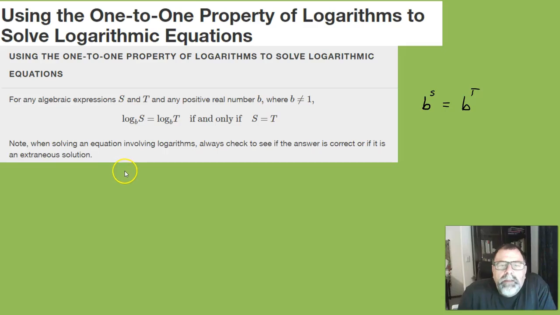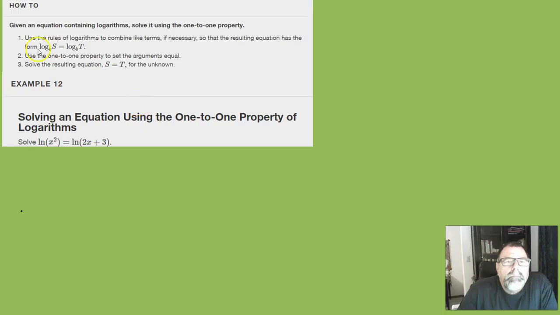So the idea is, if I can get one log on both sides of the equation and nothing else, just one logarithm, and they have the same base, you can drop the logarithm part and say the arguments s and t have to be equal. So that's the technique. Let's try one. Okay, so use rules of logarithms to combine like terms if necessary.